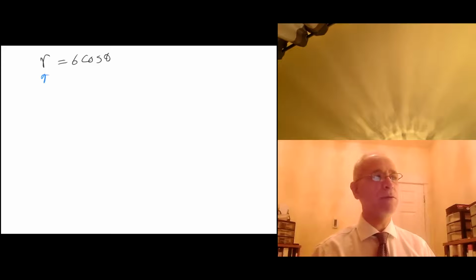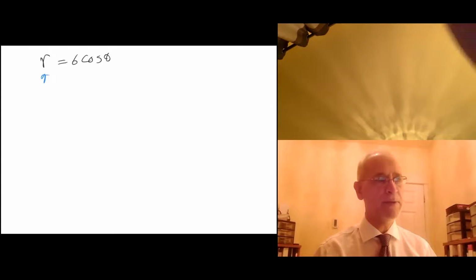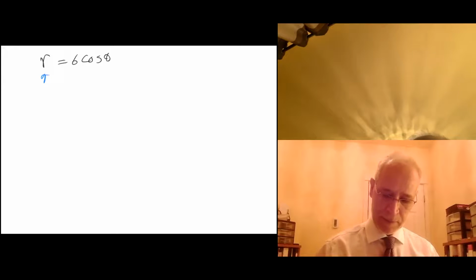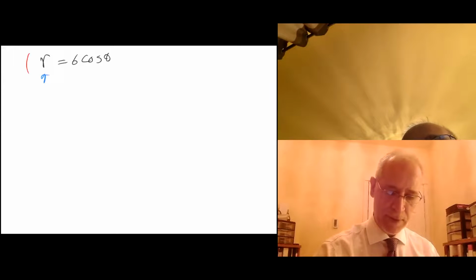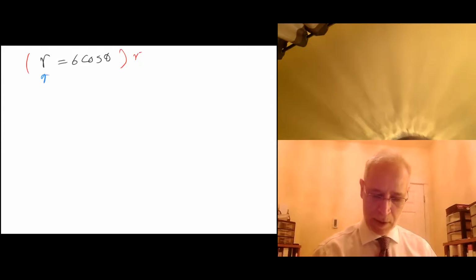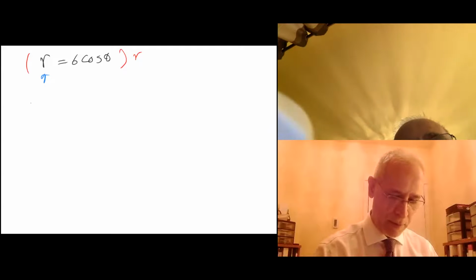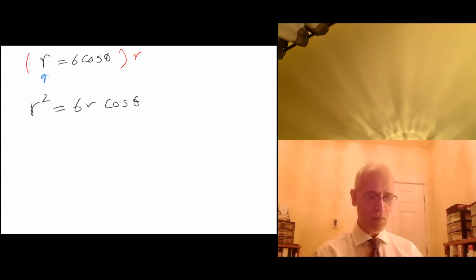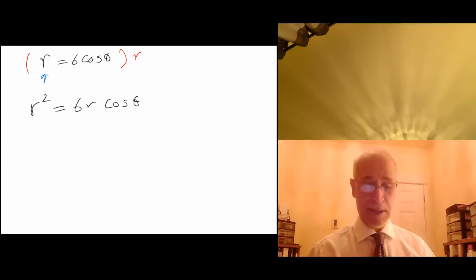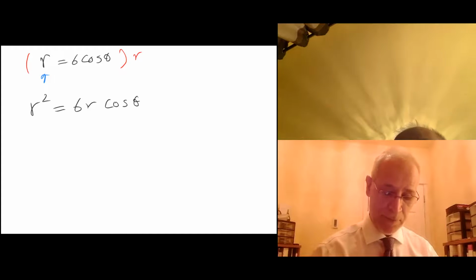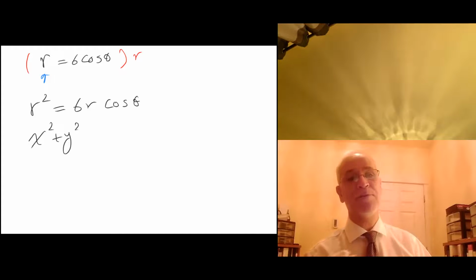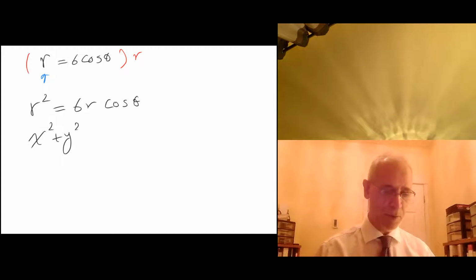So I'm going to multiply both sides of this equation by r. I would get r squared equals 6r cosine of theta. And now I can exchange r squared with x squared plus y squared, because x squared plus y squared equals r squared.